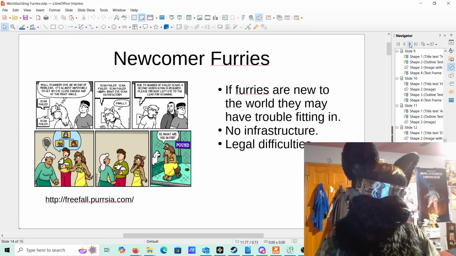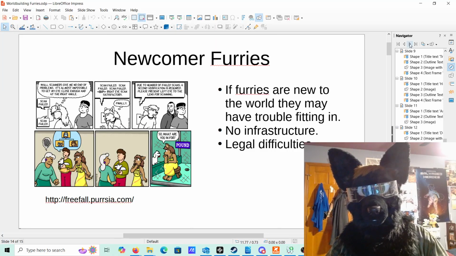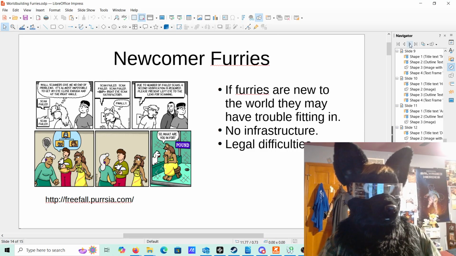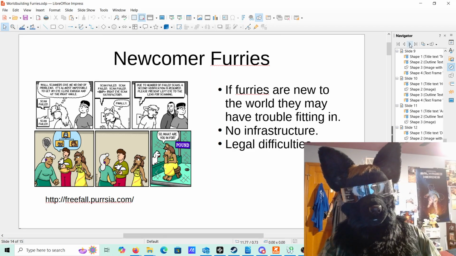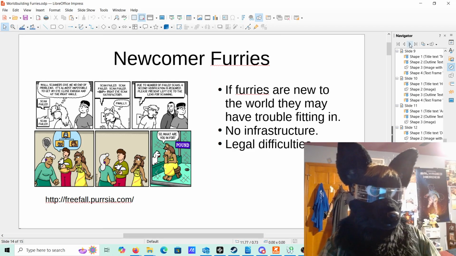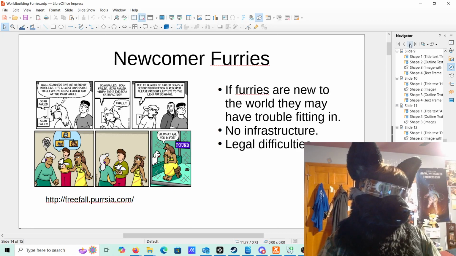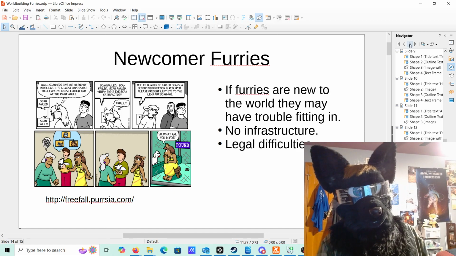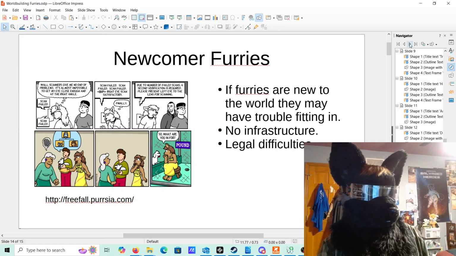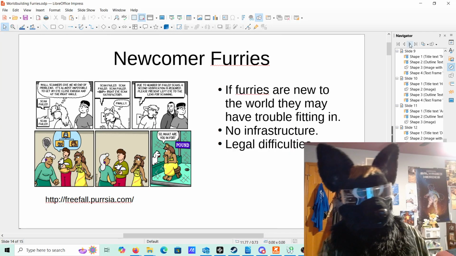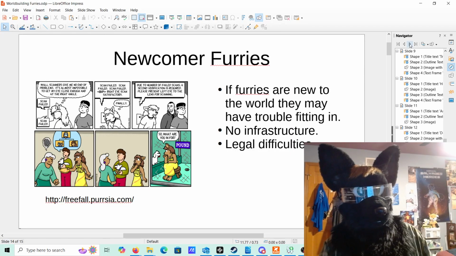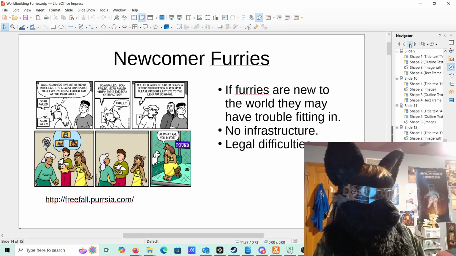The infrastructure might not fit their body. You might have trouble finding chairs or pants that fit tails, or might not have headgear or facial standards in this case that can fit their head shape.